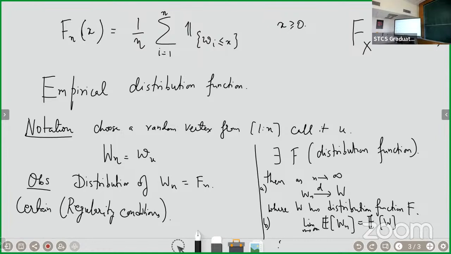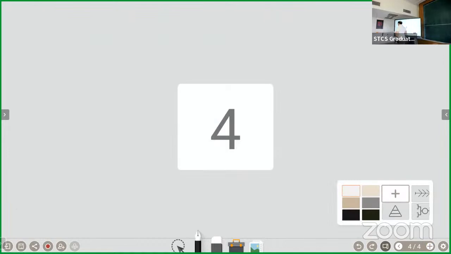wi is such that f of x is less than or equal to y. Okay, so suppose we are given that. Does this appeal to you?